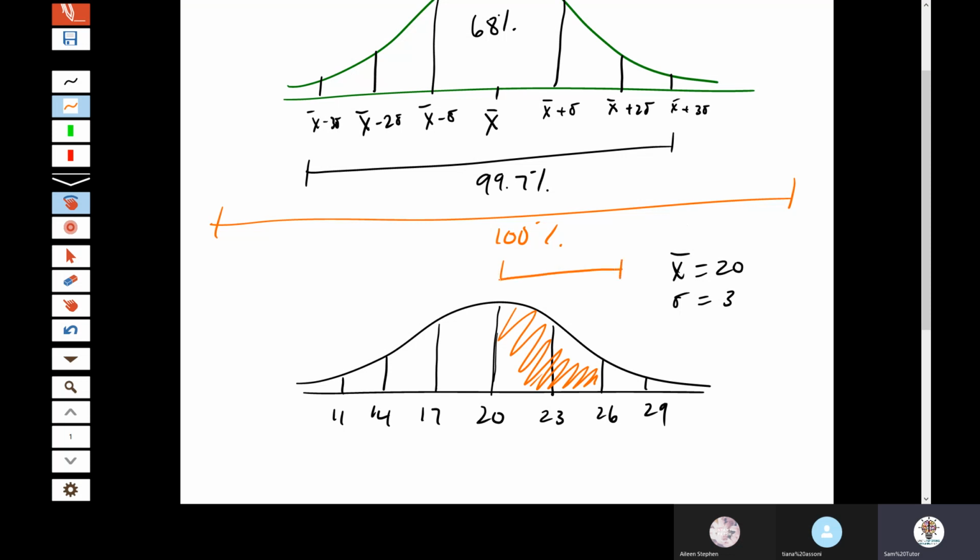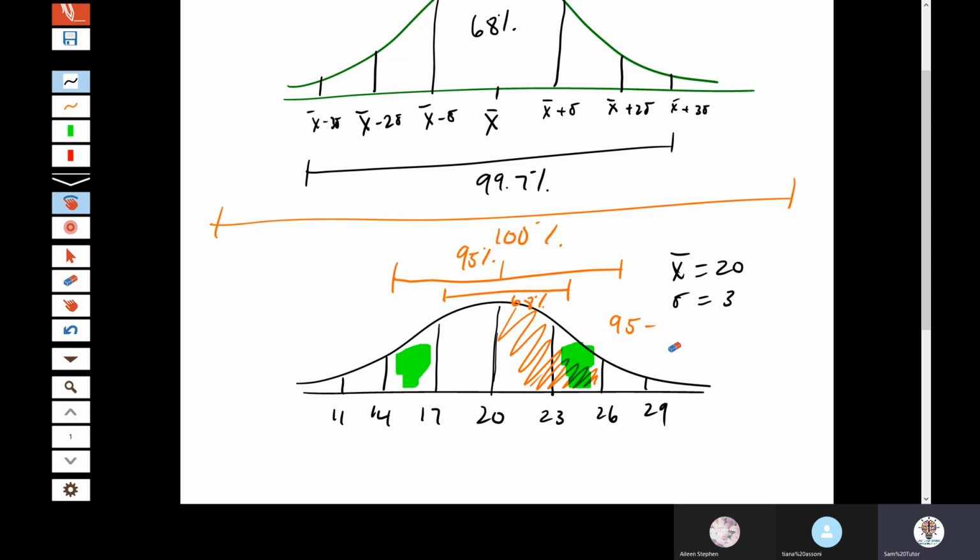You know from here to here is 95%, and from here to here is 68%. You could have taken 95 away 68, which would give you this and this, divided it by 2, which would give you this bit in green and this bit in green, and then added 34 to that.